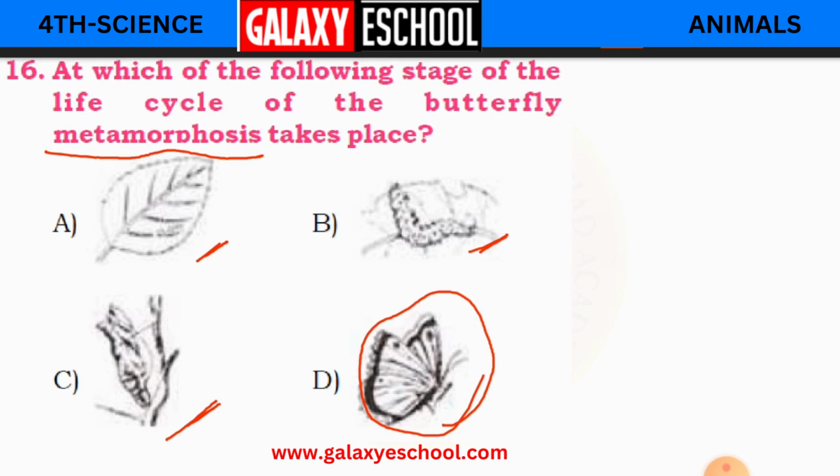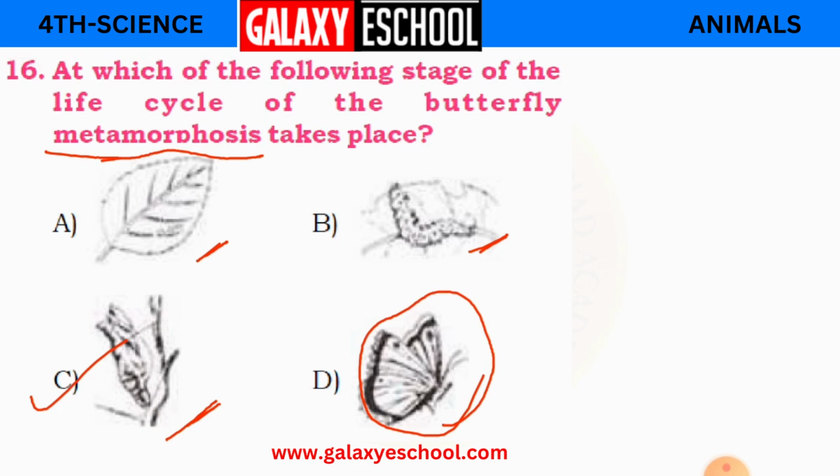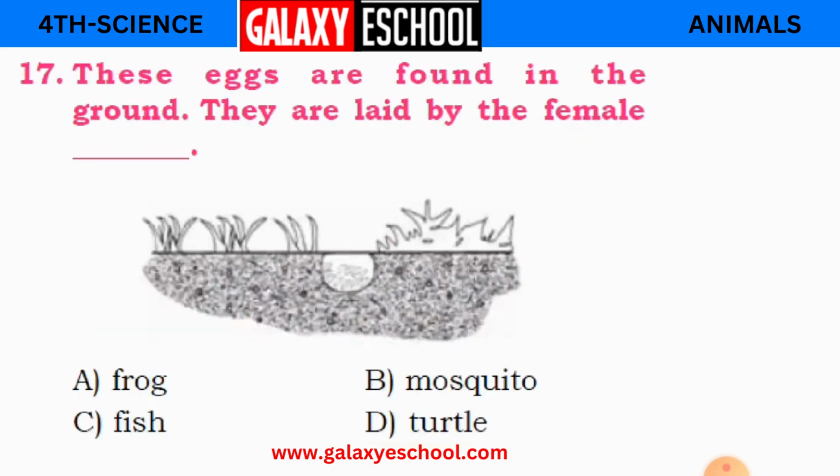So in which stage of the life cycle of the butterfly does this change, that is metamorphosis, take place? That is C option, children. In the pupa. So here the butterfly takes a change to form an adult butterfly. Children, the physical change, that is shedding its skin and becoming an adult butterfly. Clear, children? Okay, now we'll go to the 17th question.